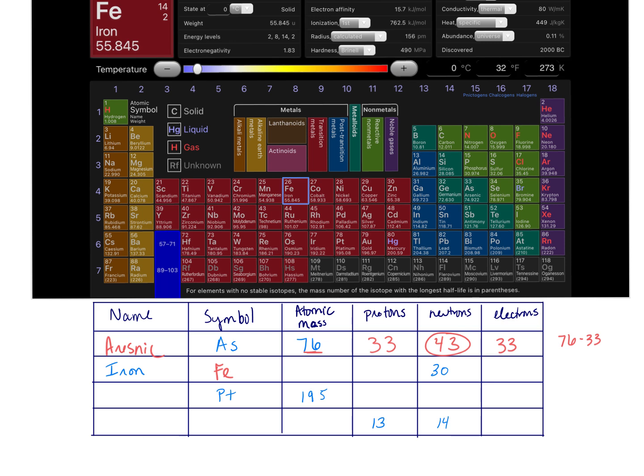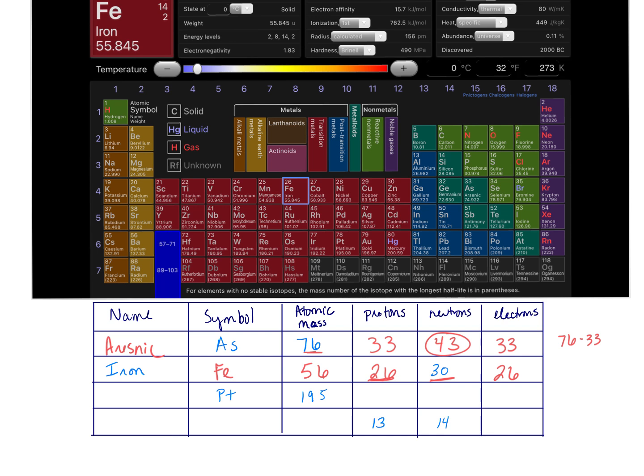So that tells us we have 26 protons and 26 electrons since it's neutral. And then the same way that we were dealing with atomic mass backwards before, we've now got to reverse engineer that, because the number of protons plus the number of neutrons tells us what our atomic mass is. And that's where we can get 56. Okay.